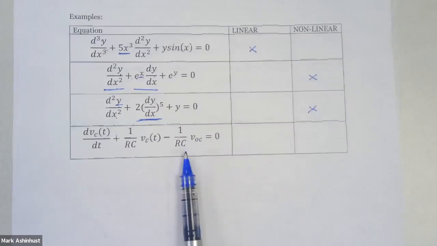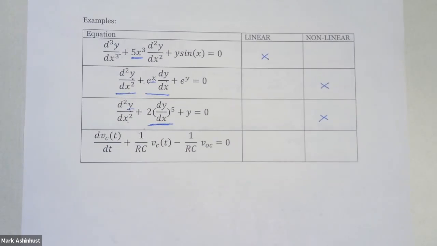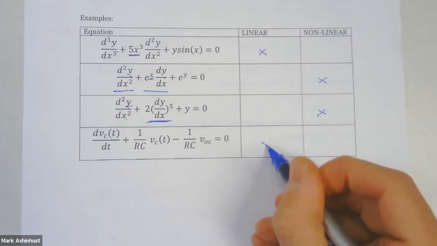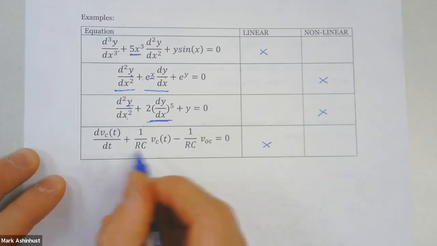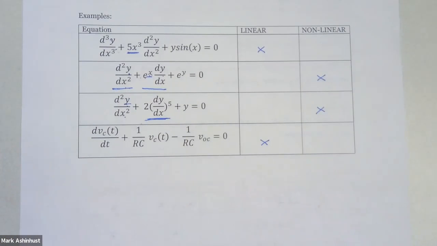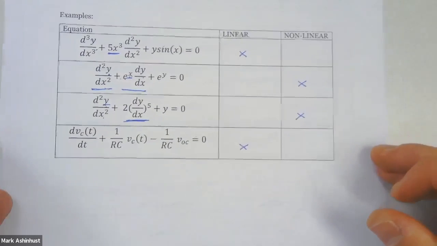And then this one doesn't even have VT in it. So this one would be linear. And this equation here, this last one, is good to understand and good to see, because this will definitely be something you'll come into contact with when dealing with circuits, and especially first order transients and further on. So we can get to the next definition.